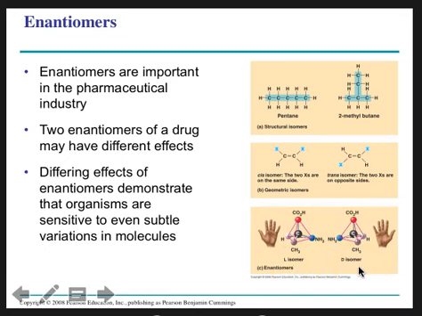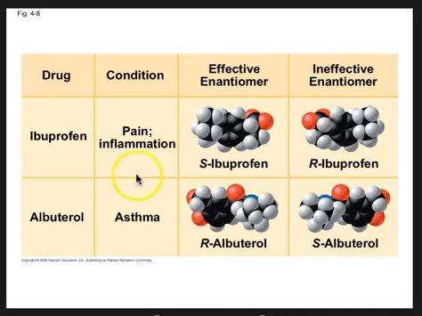Enantiomers are really important in the pharmaceutical industry. They form that mirror image, and they can have very, very different effects on how that substance functions within an organism. So, for example, I have ibuprofen.